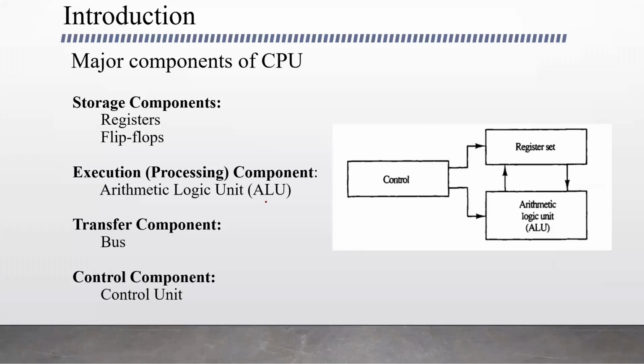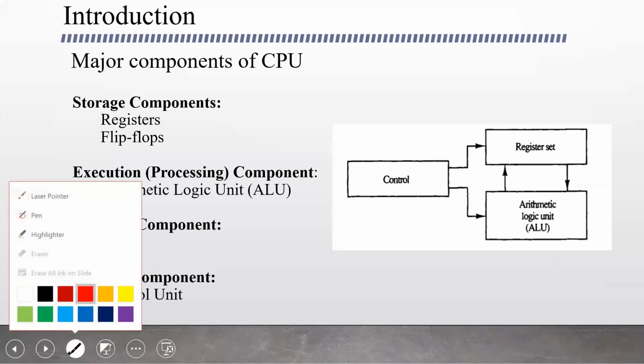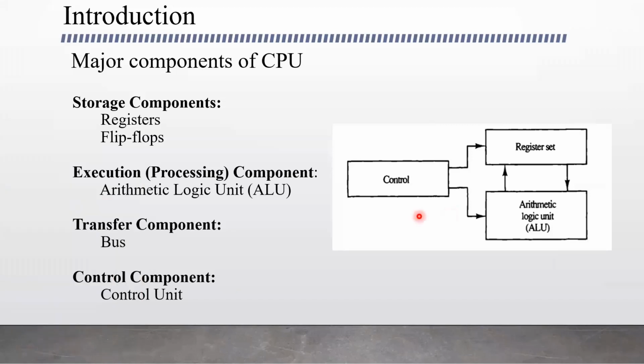If you see the major components of the central processing unit, it includes the control unit, register set, and arithmetic and logic unit. These are the three main components, and all these functional units are connected using the bus. The data transfer between these happens through the bus.